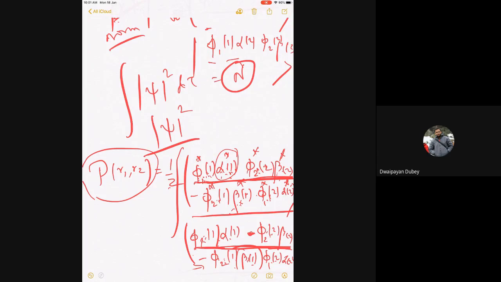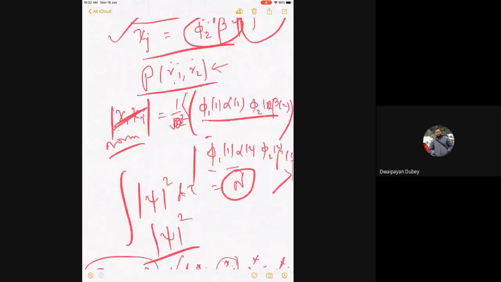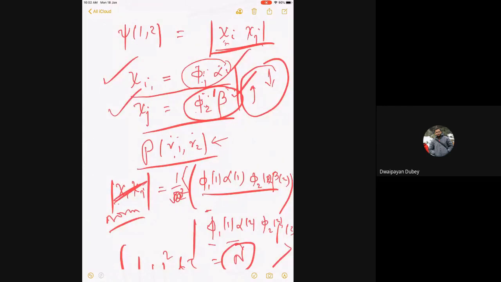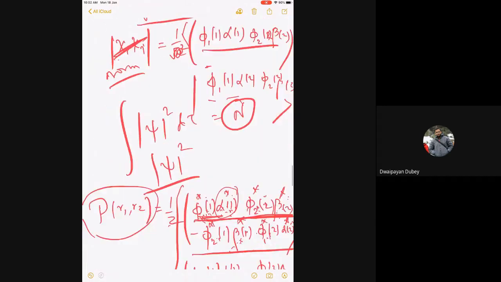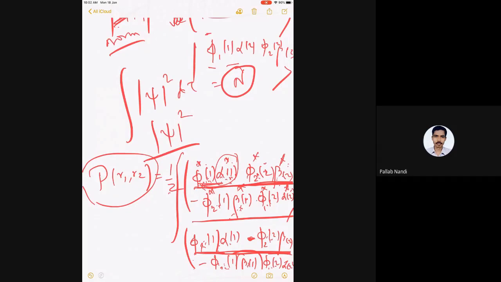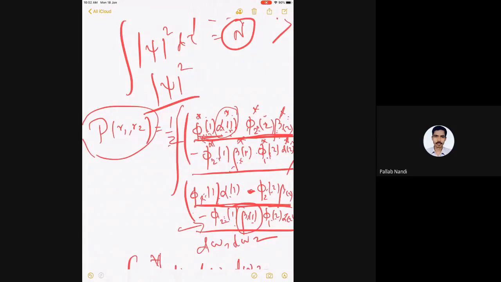So when it is 1, it is 1 everywhere. 2, both of them are 2. Because this is going together. So my spin orbitals are phi 1 alpha and phi 2 beta. So when I integrate, both spin coordinates are the same. Yes, both spin coordinates are the same, but alpha and beta are orthonormal, right?